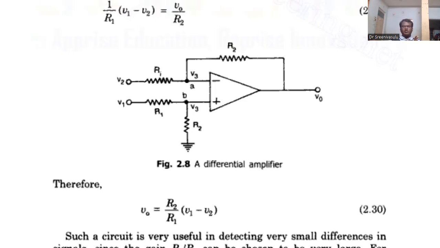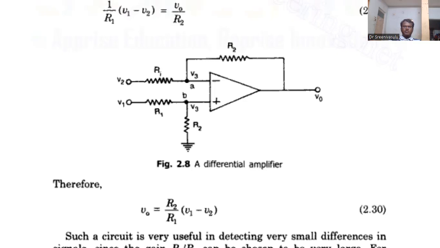So, here, based on the virtual ground concept, the voltage difference between the inverting and non-inverting terminals is 0. That means, suppose if you apply voltage at B is V3, voltage at A is also V3, then only the difference between non-inverting and inverting must be 0.